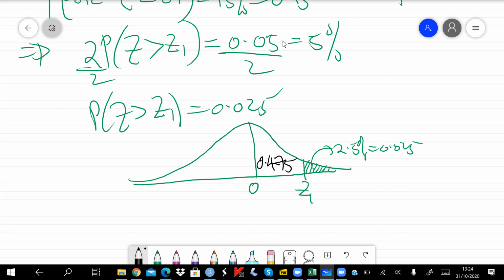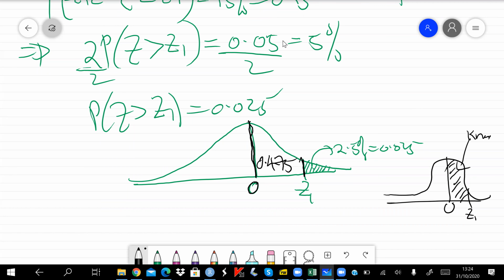So this area from 0 all the way to Z1, I'm doing that because our tables are giving us the area from 0 to Z. Remember, our tables are giving us the area from 0 to some point here. So if I know this area, which is 0.475, then it is possible for me to find the value of Z. And that will answer the question here.